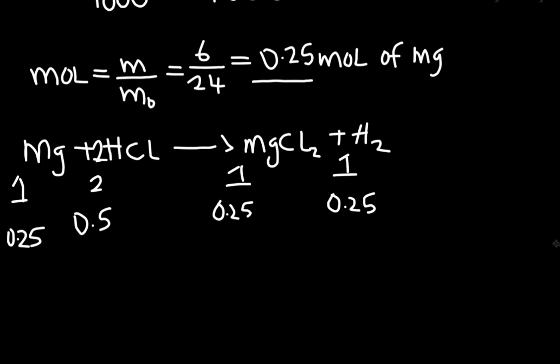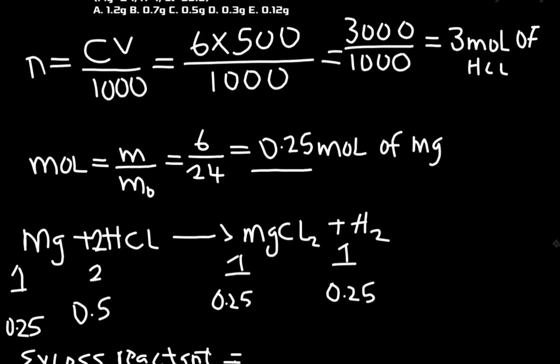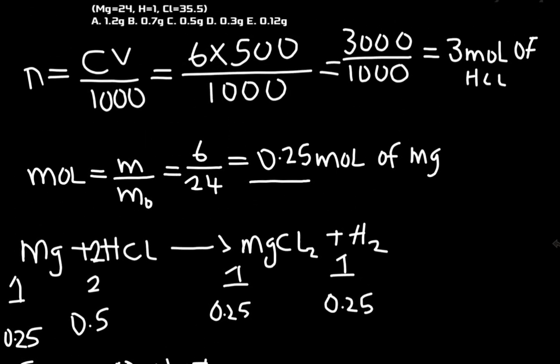And lastly, for the third step, we'll calculate which of them is the excess reactant. Remember, when we solved for the moles of HCl, we got 3 moles.